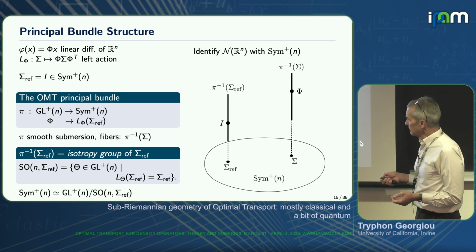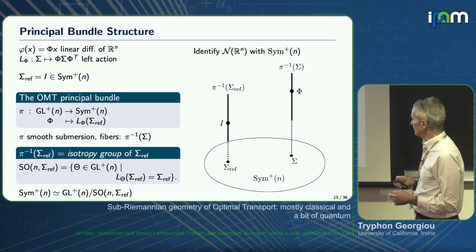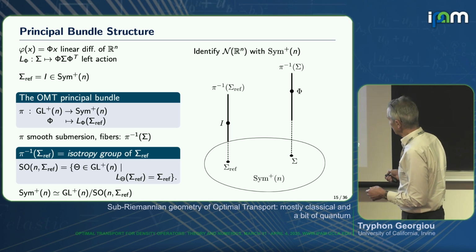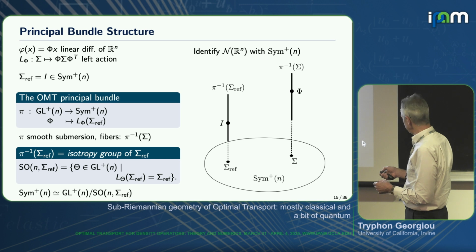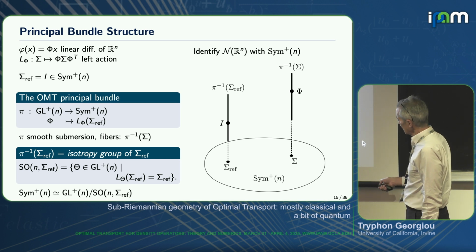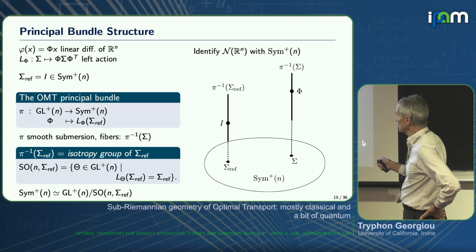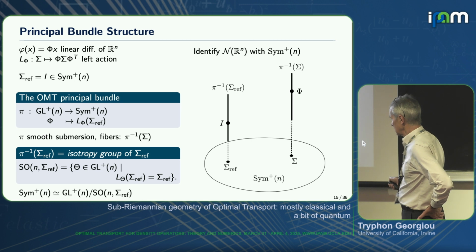So the way to think about this is, here is a base space. We identify densities with their covariances. So every point is a symmetric n-by-n matrix corresponding to a Gaussian.